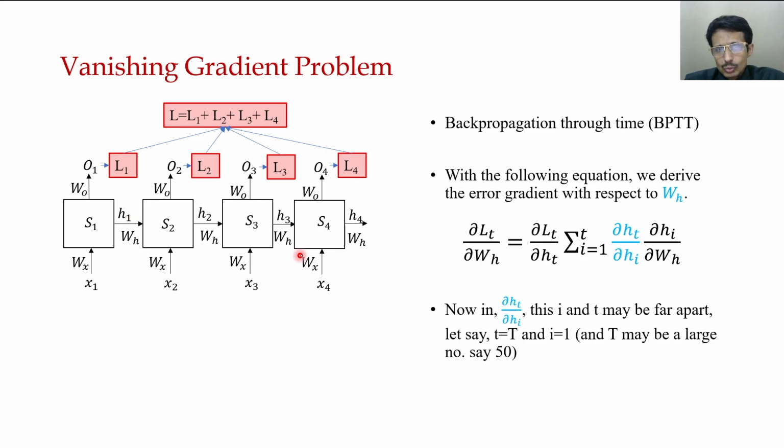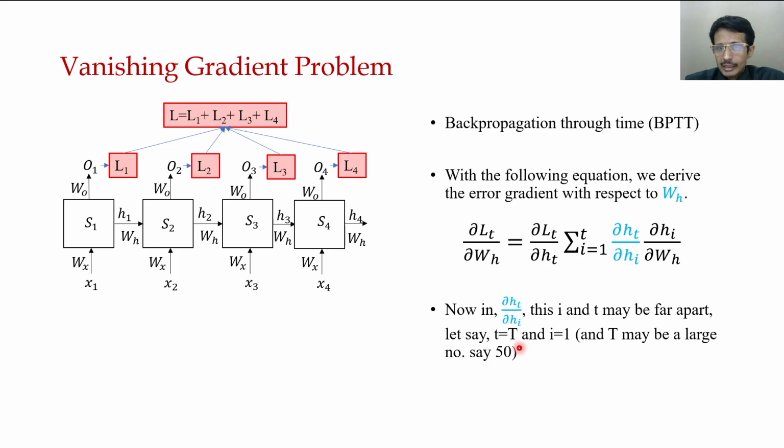Now you can understand so many layers or so many time instants in between. So what we have tried to imagine is that this del of ht by del of hi, this i and t, is very far apart.